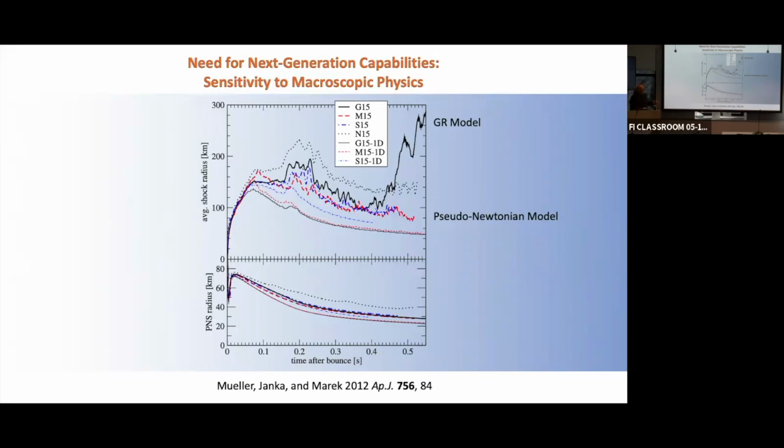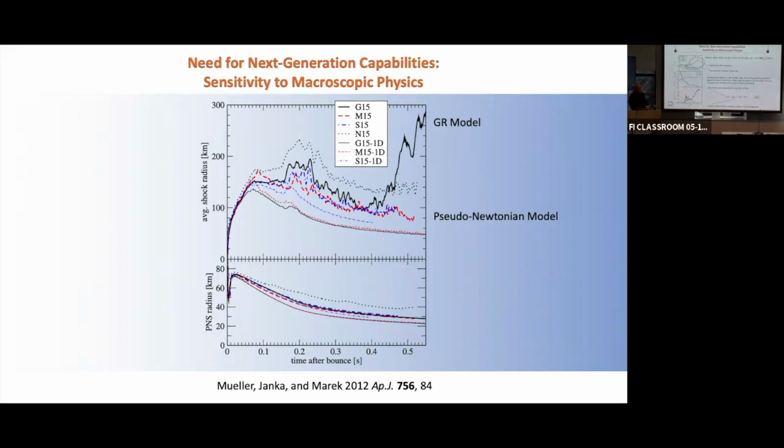And the important point is that in his case, for a 15 solar mass progenitor, a pretty hefty, massive object, he got an explosion in the fully general relativistic treatment and no explosion in the pseudo-Newtonian treatment. So this shows the sensitivity of the outcome to the treatment of the macroscopic physics.